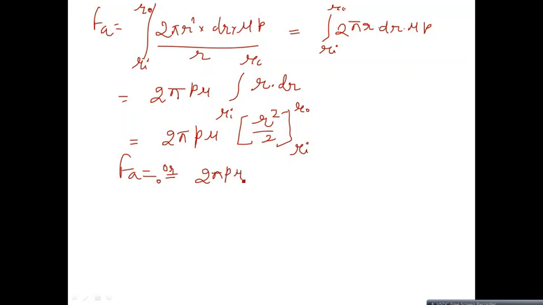So now let us integrate. What do we get? 2 pi p mu, r square by 2, limit Ri to R naught.